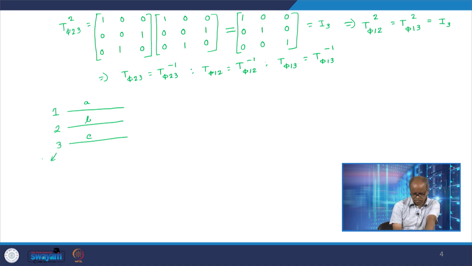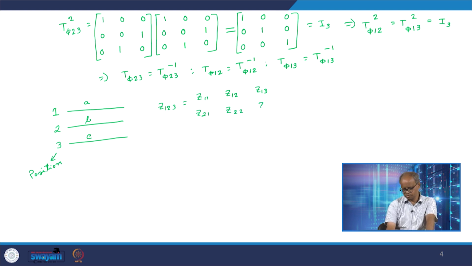Then Z 1 2 3 I can simply write down as Z 1 1, Z 1 2, Z 1 3, Z 2 1, Z 2 2, Z 2 3, Z 3 1, Z 3 2, Z 3 3.